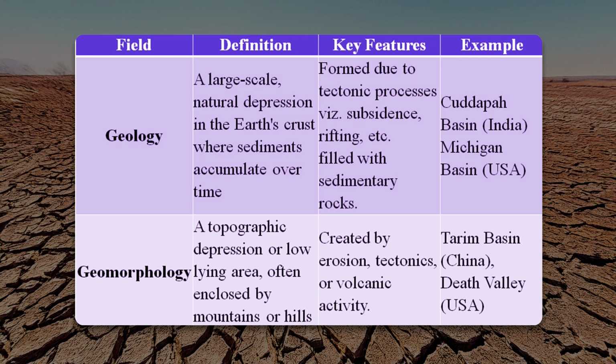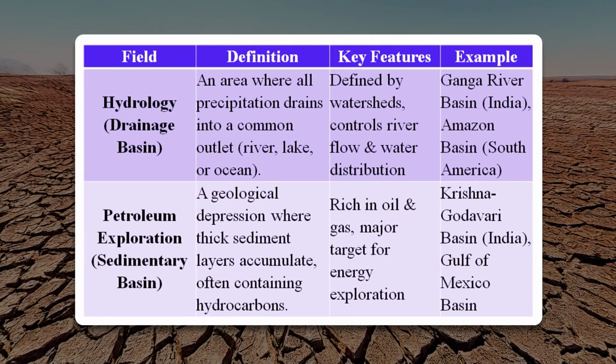To a geomorphologist, it is defined as a topographic depression or low-lying area, often enclosed by mountains or hills, and some examples are given here. In the field of hydrology, it is an area where all precipitation drains into a common outlet.